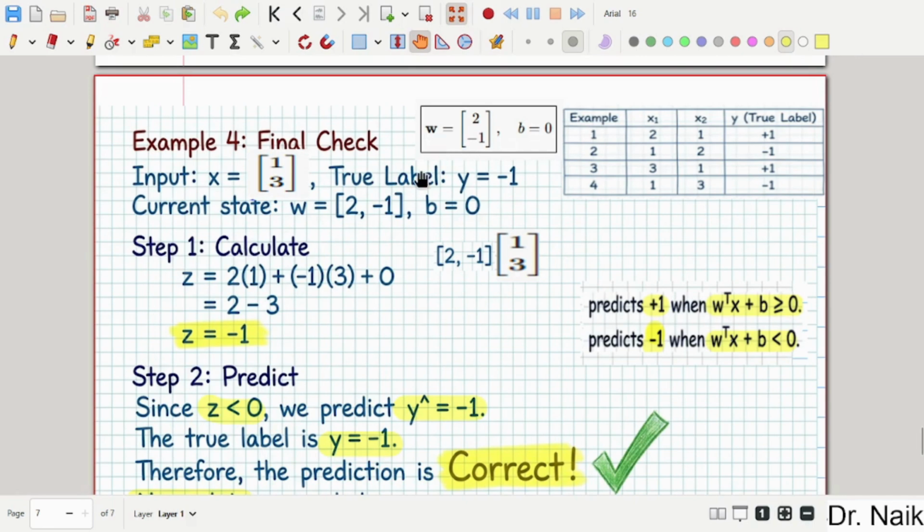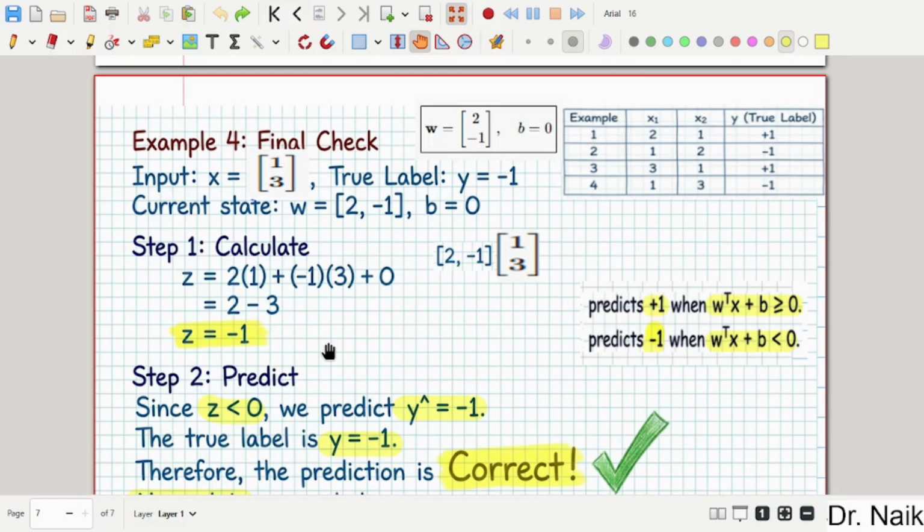So W transpose is the row vector with entries 2 and -1. Now we calculate Z by the formula W transpose X plus B. So row vector 2, -1 multiplied by column vector 1, 3, that is our X, plus B. B is 0. So 2 into 1 plus -1 into 3. So it is 2 minus 3, that is Z is equal to -1.